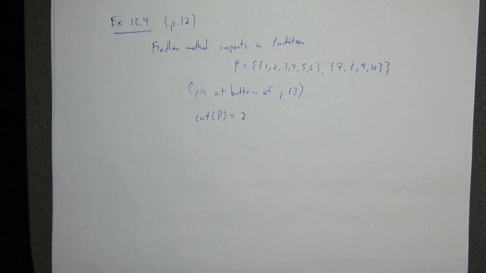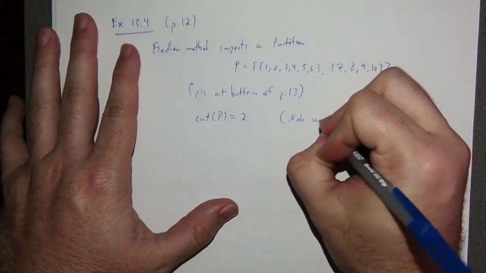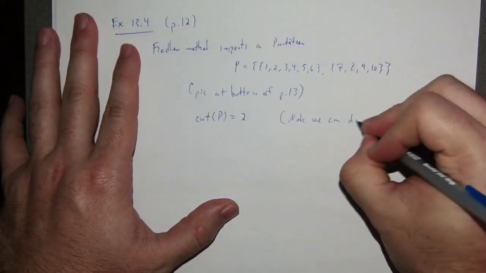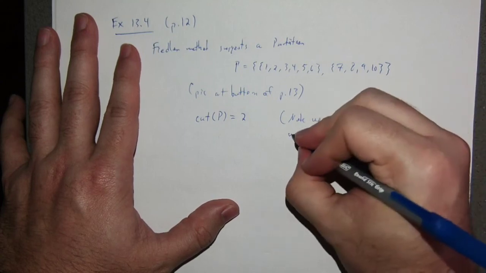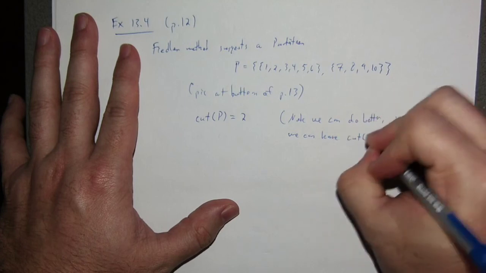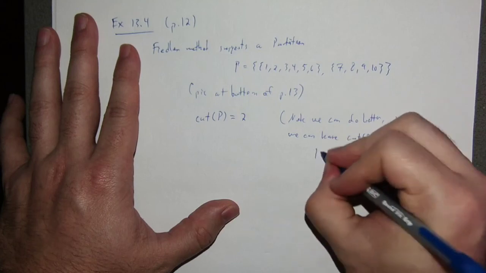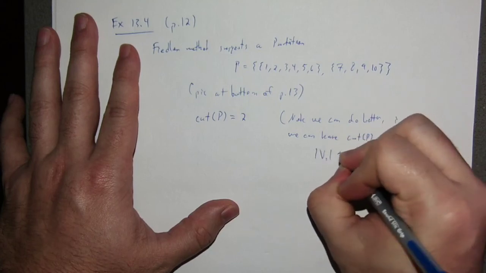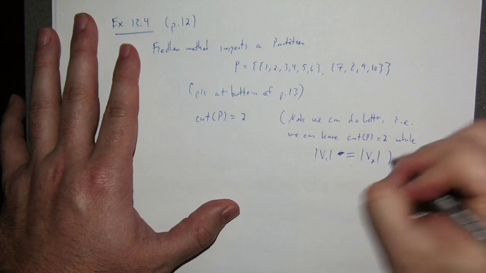I will see what that would look like, but I'm just going to say right now, note we can do better, i.e. we can have cut of P equal to 2 while the size of the two partition subsets are equal.